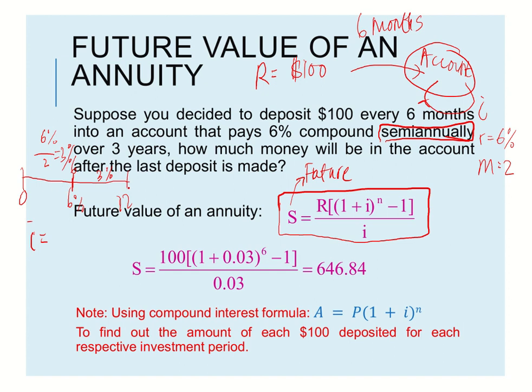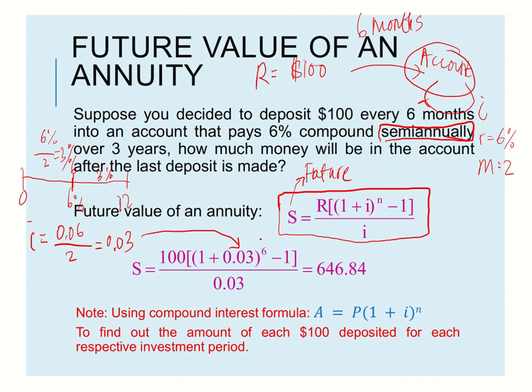Another 6 months, the bank will pay 3%. So 1 year, 6%. Therefore, we use 0.06 divided by 2, and we get 0.03. It refers to 3% every time the bank calculates the interest. So this is the interest rate per conversion period.